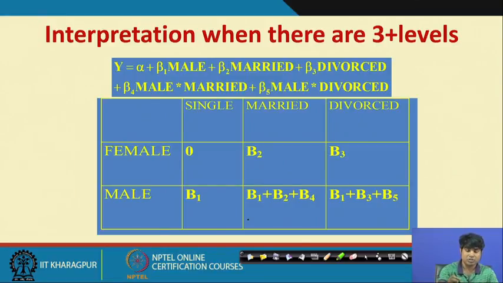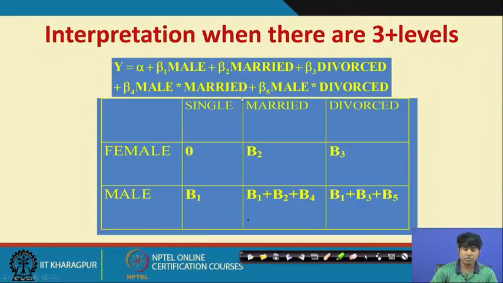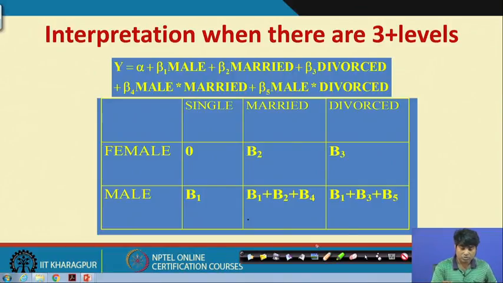So, this is the kind of case, and likewise we will have different kinds of structures. So, this is married, and when we are putting, let us say, 1, by default this will also be 1. So, by default the final impact will be beta 2 plus beta 4.